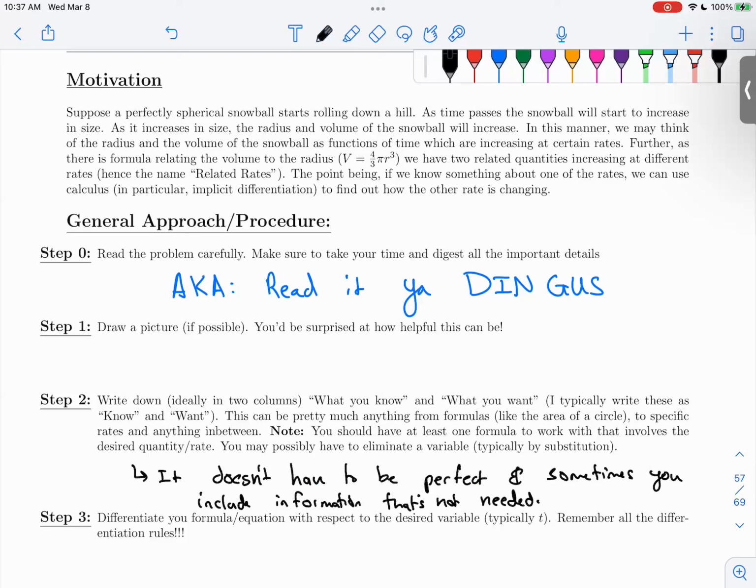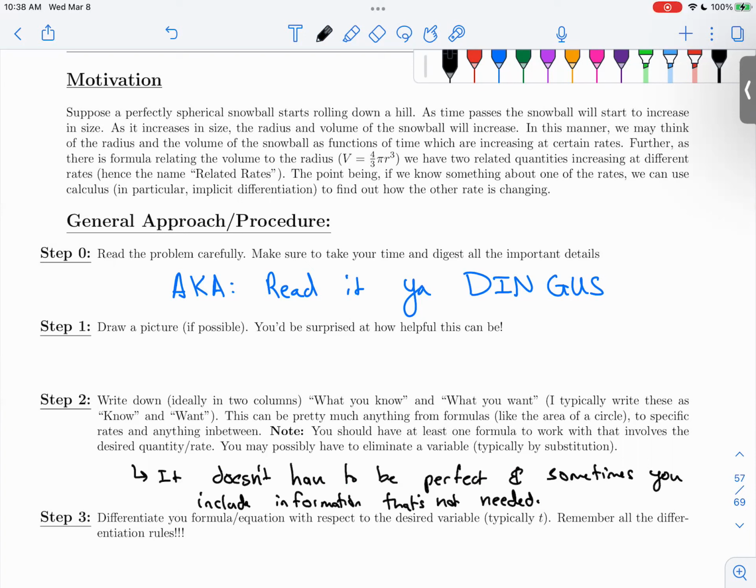It could help. Why not write it down? If it doesn't help, that's not a big deal. You didn't spend too much time writing down additional information here. I'd rather have more information to work with than less and have to go back to the drawing board and keep going backwards and forwards. So try and write everything that you know. And as it says in the note, you should have at least one formula that relates the objects in question.